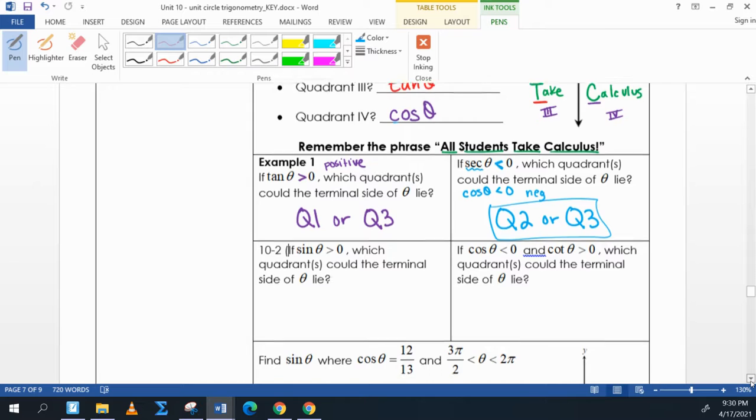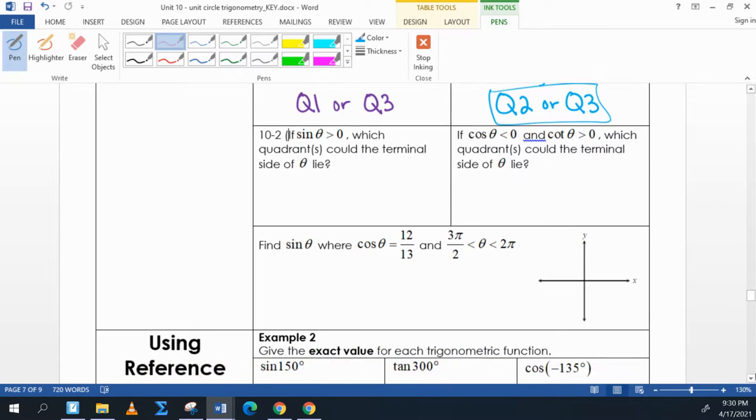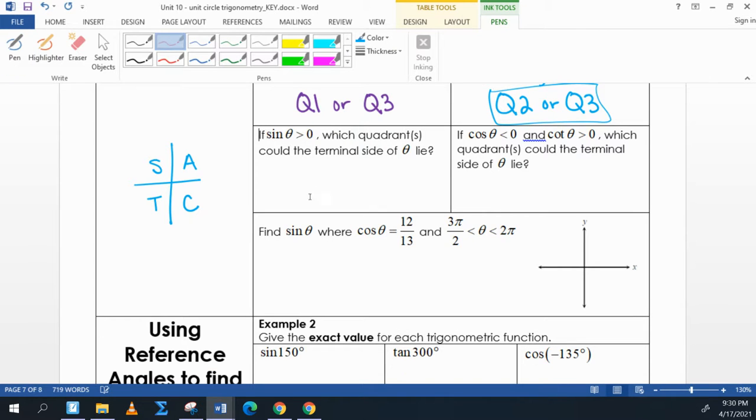Okay, we're going to scroll down here a little bit more. So I'm just going to draw my little thing here and write my all students take calculus right here so I remember. All right, oops, I think I messed this problem up. All right, so if the sine is greater than 0, so again, greater than 0, that means positive.